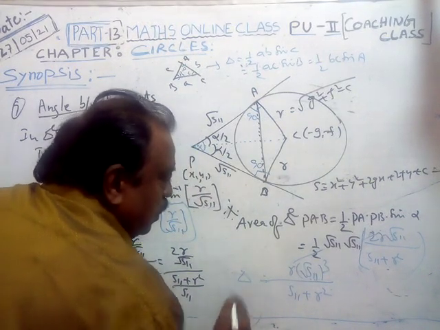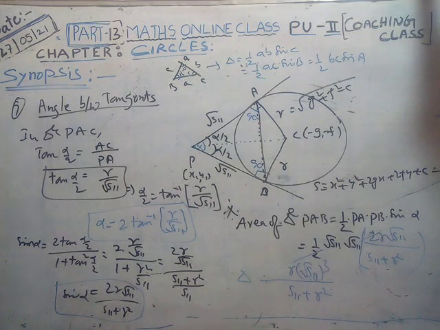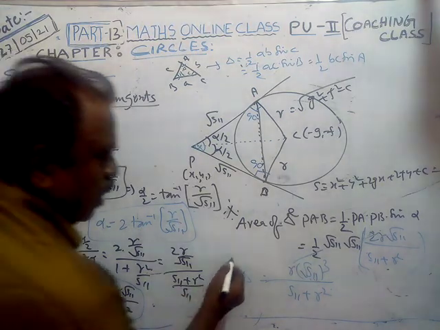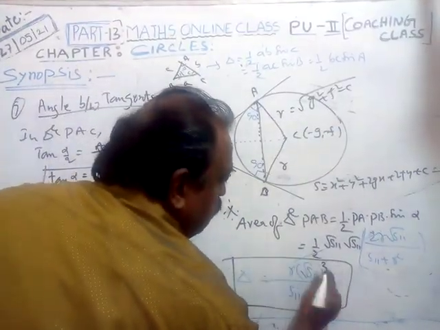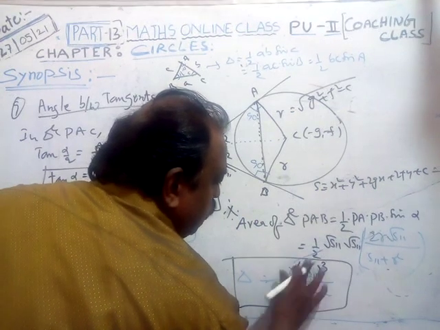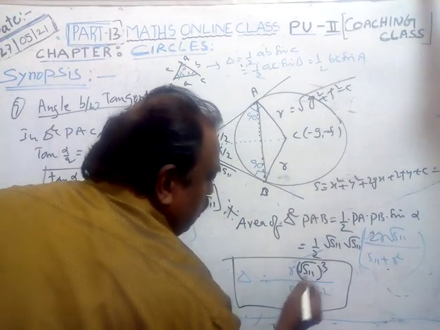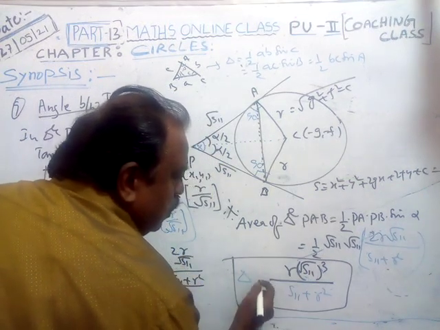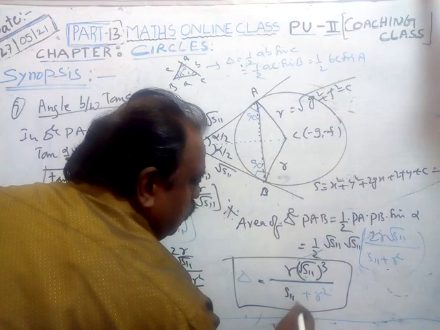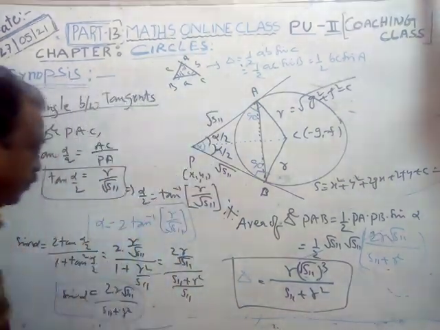This is the area of a triangle formed by the point and the points of contact of tangents drawn from that point. R root S11 whole cube, where R is the radius, by S11 plus R square.